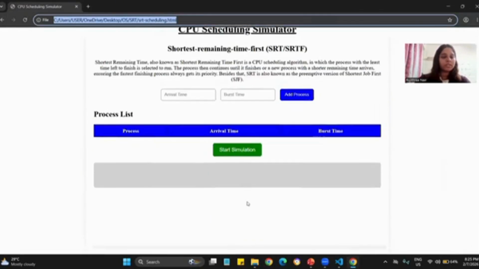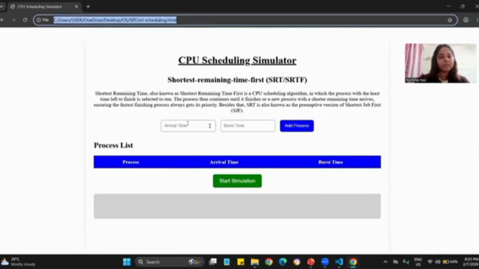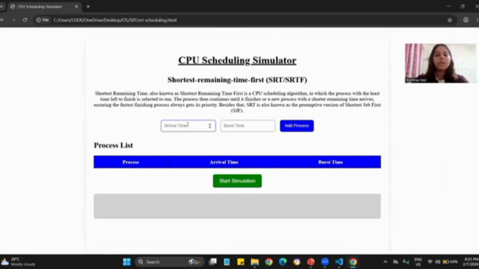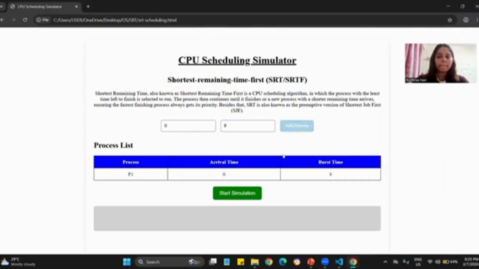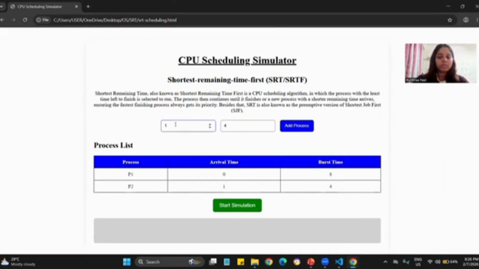So this is the simulation. To test the algorithm, I will use 4 processes with different arrival times and burst times. The first process has arrival time 0 and burst time 8. The second process has arrival time 1 and burst time 4. The third process has arrival time 3 and burst time 9.